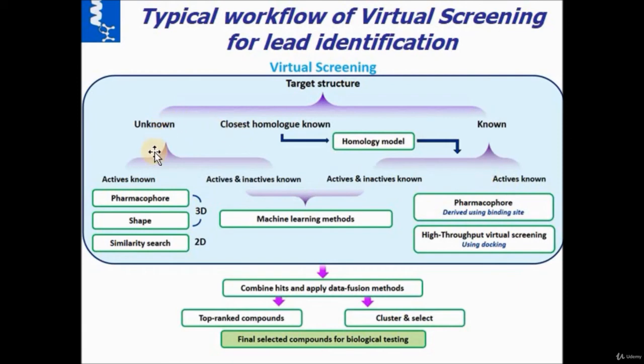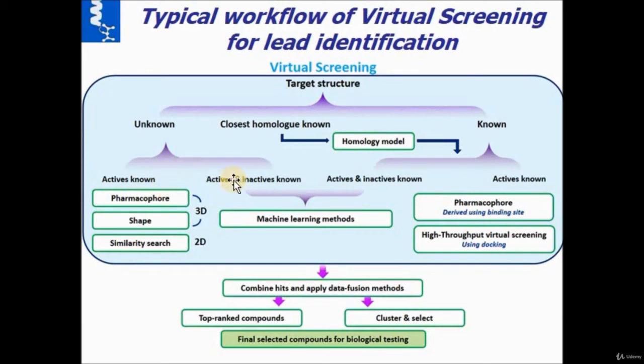And again, coming to the unknown drug target structure, in that case we need to rely on homology modeling techniques to model the drug targets beforehand, before going into virtual screening. Once you have the modeled structure, this unknown structure based screening can be further divided into actives and inactives again.